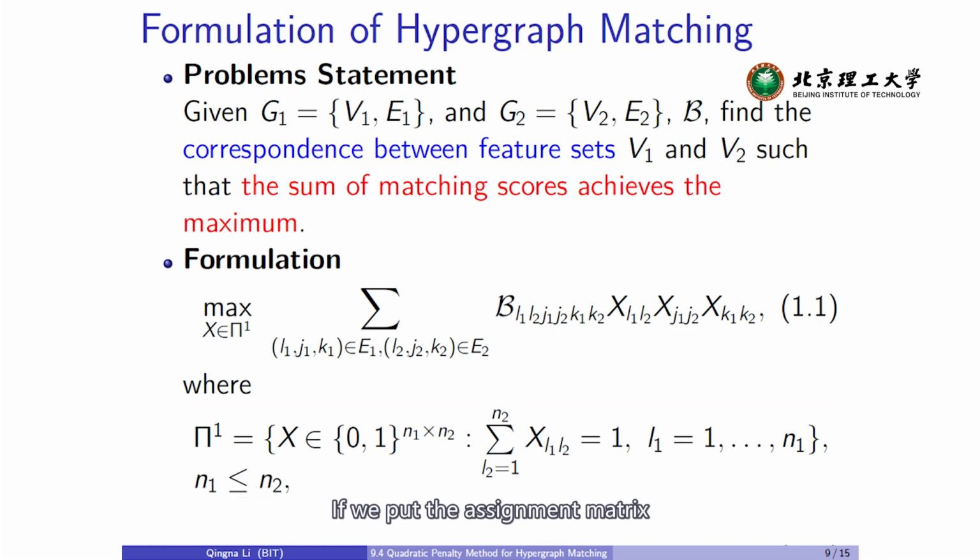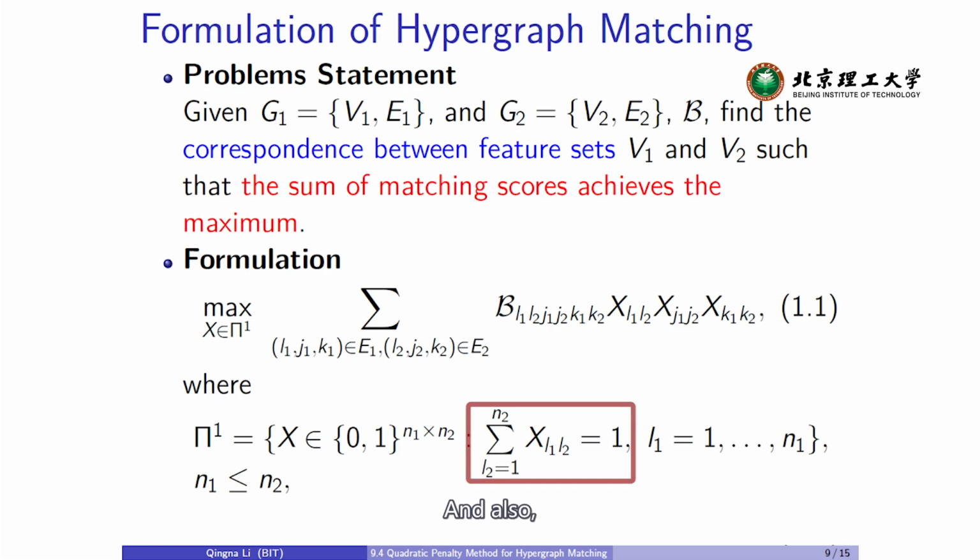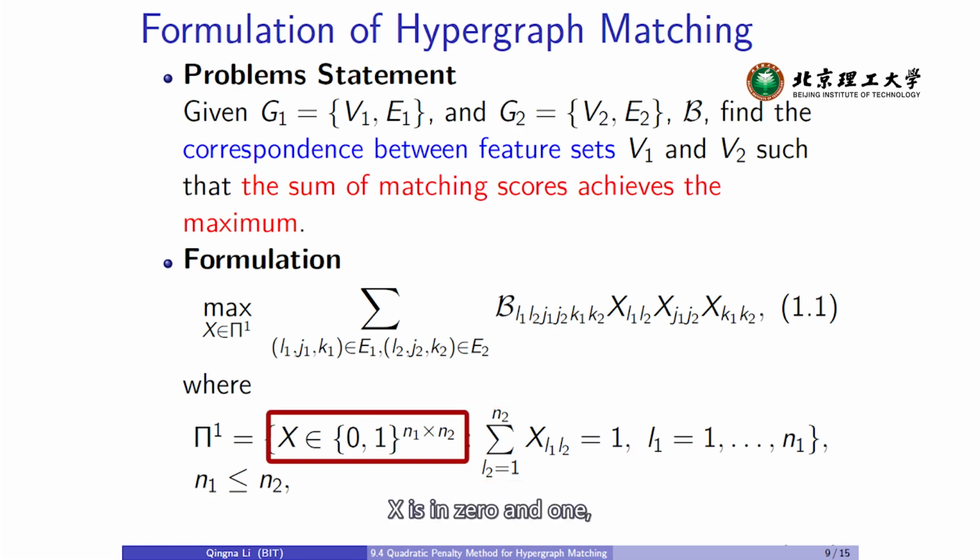If we put the assignment matrix in mathematical formulation, it basically says that for each row of this matrix X, the sum of this row must be 1. And also, X is in {0,1}. X is either 0 or 1.